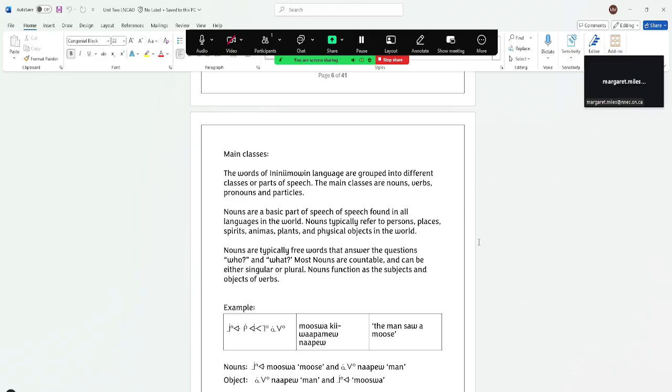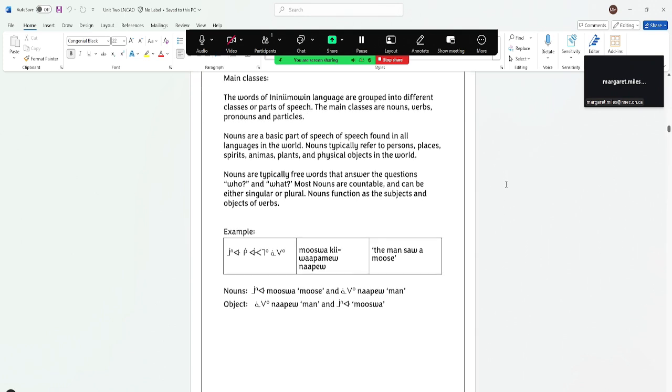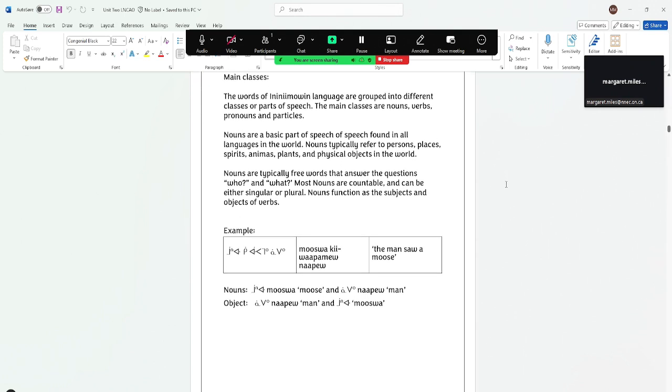Nouns function as the subjects and objects of verbs. For example, here is an example in the chart. Mosa giwa pamel napel. In English, the man saw a moose.